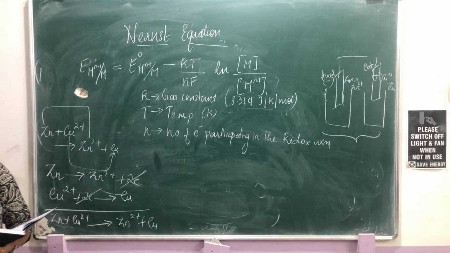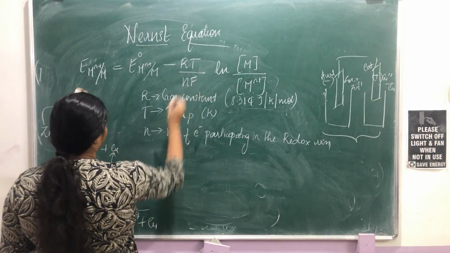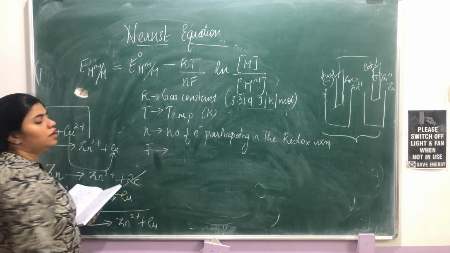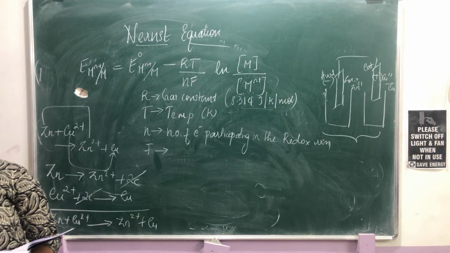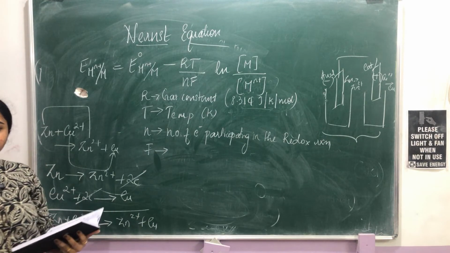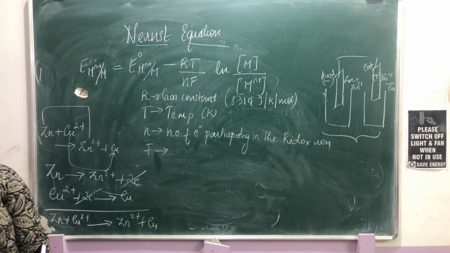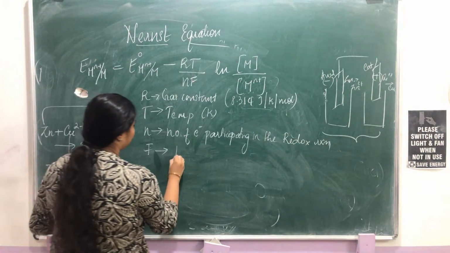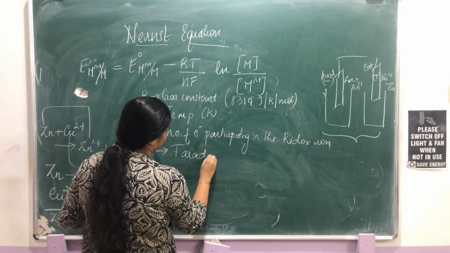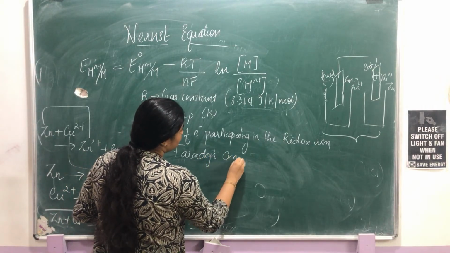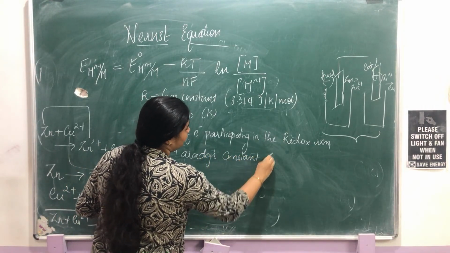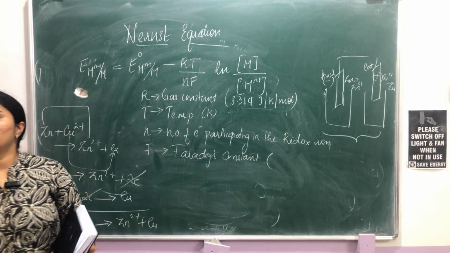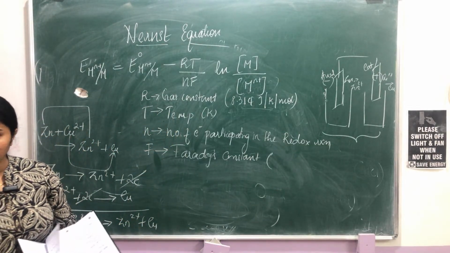Right. Now the last one, who is this? F stands for Faraday's constant. Have you heard of Faraday? Who is Faraday? Physics students. Faraday's constant. See, if it is a constant, it should have a value, correct?